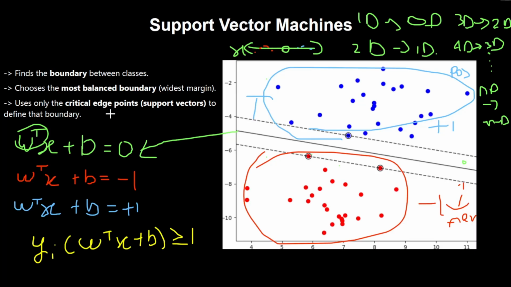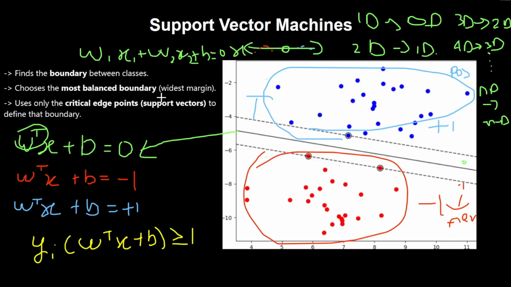In the case of 2D we have two inputs, so we have two weights. W is the weight: w1 x1 plus w2 x2 plus b equal to 0. Similarly, in 3 dimensions, we have three of these terms, so we can expand this.